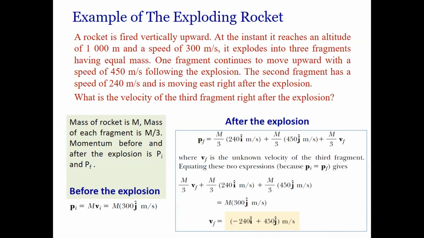So, very simply, if a rocket explodes into many pieces, for each piece, if we know the direction and the speed, then we know the momentum, and we can figure out unknown quantities. From the law of conservation of momentum, this can always be done.